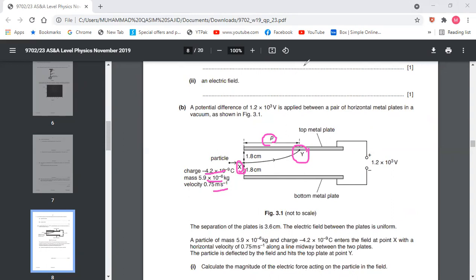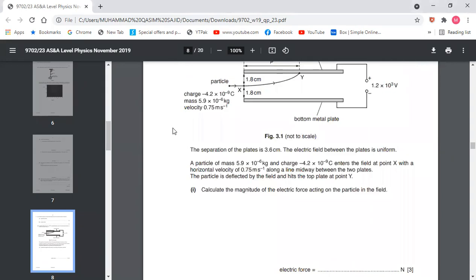How to find the electric force? The basic formula is E equals V upon D. Sir, E means the electric force? Yes, electric field strength.